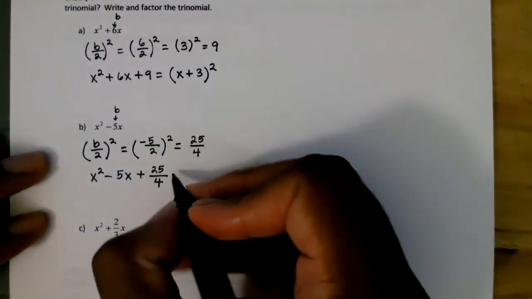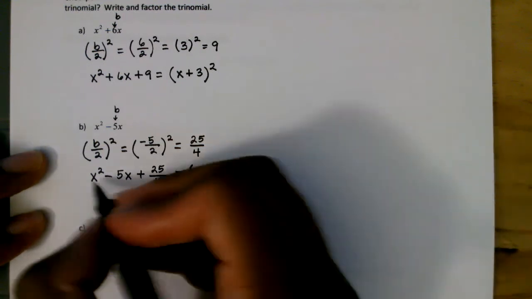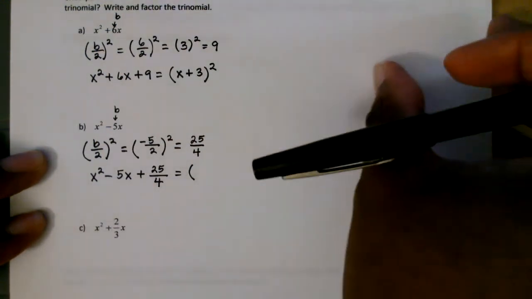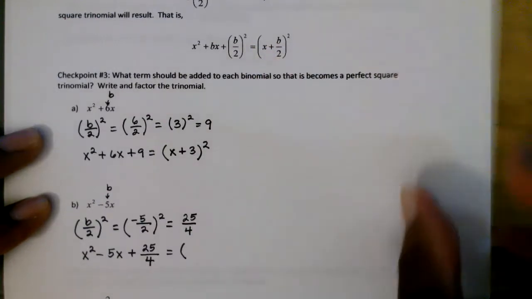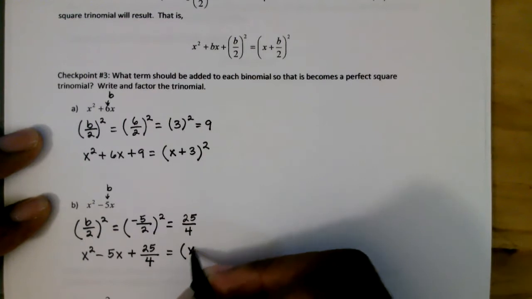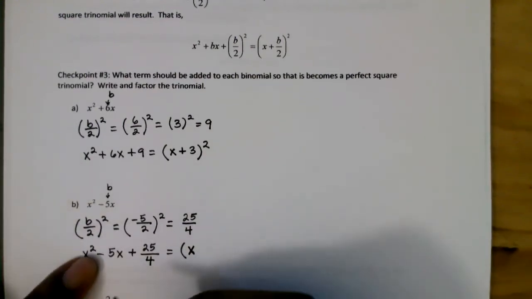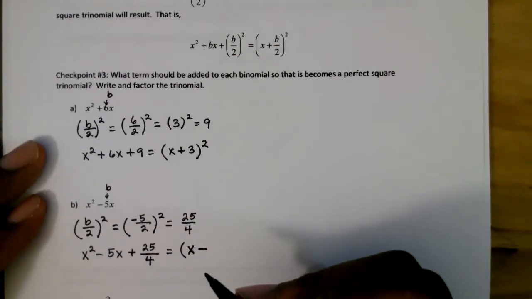And if I was to factor this as the square of a binomial, of course, it's going to have this format again, which in this case is x. And this time, the middle term is a minus, so that means I'm going to have a minus sign in between, in the parentheses.